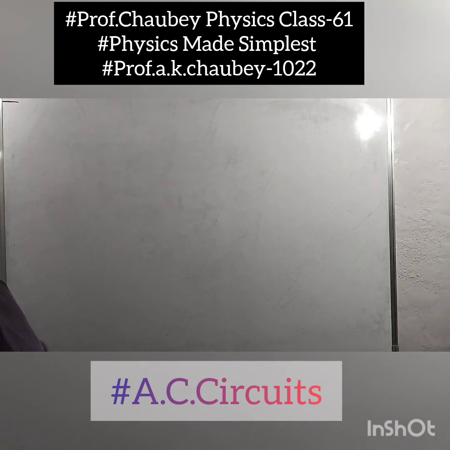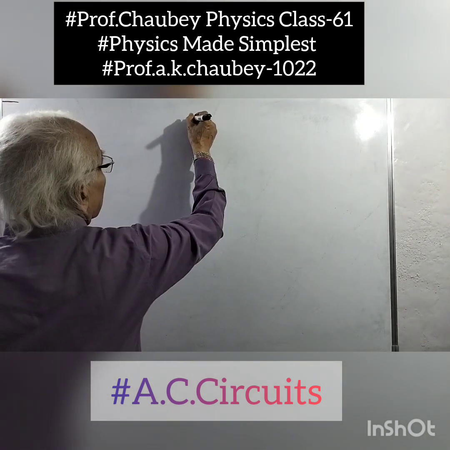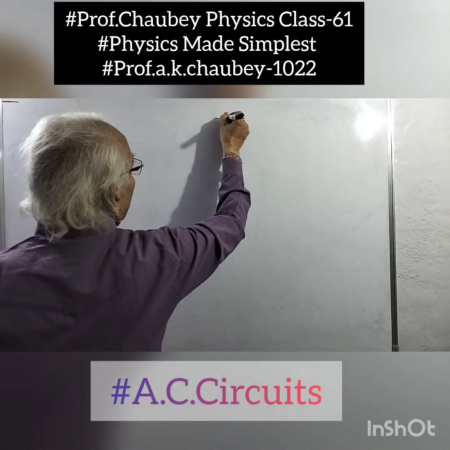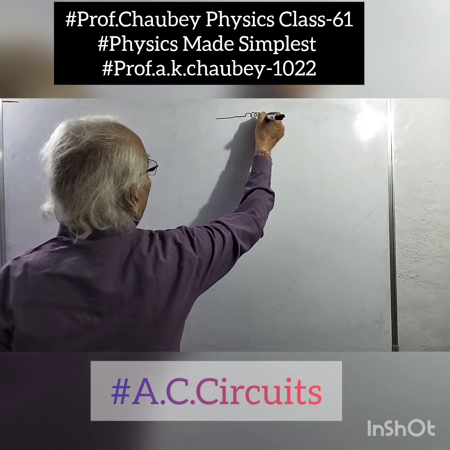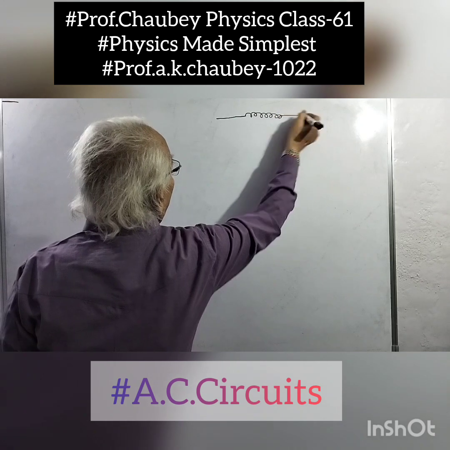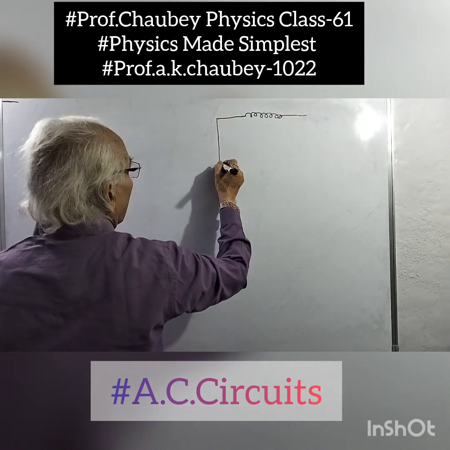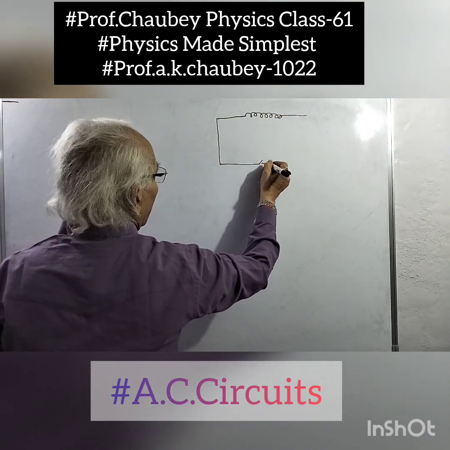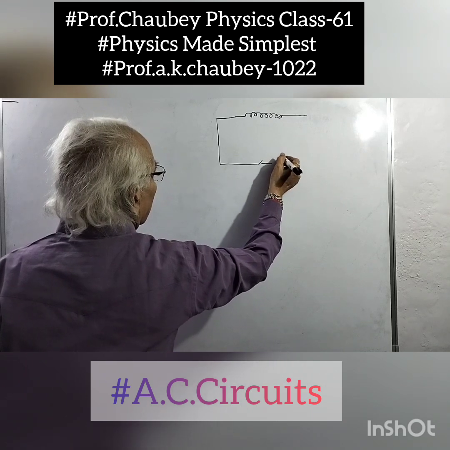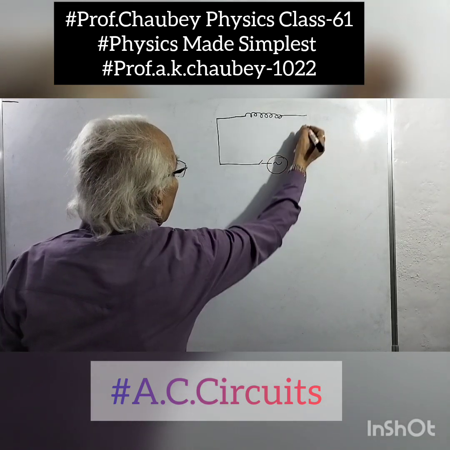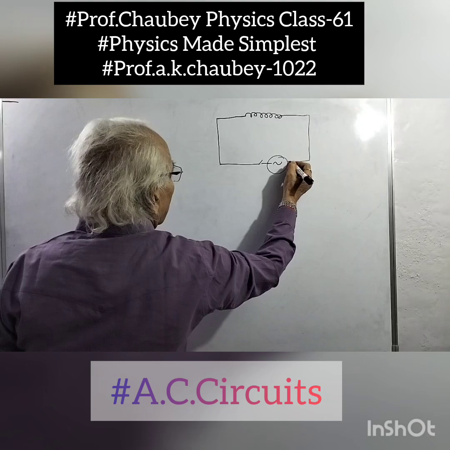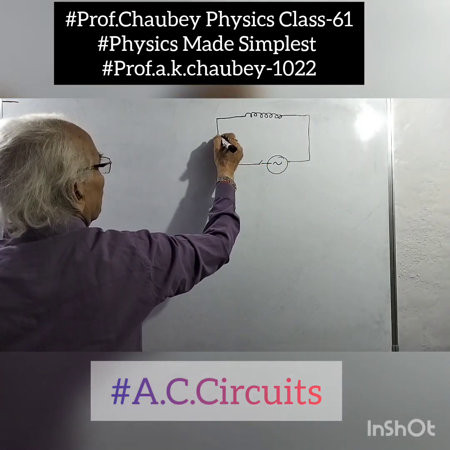Now we have an AC circuit containing, say, a key here, and then this is the AC source, and then this is the circuit here, with current flowing here.